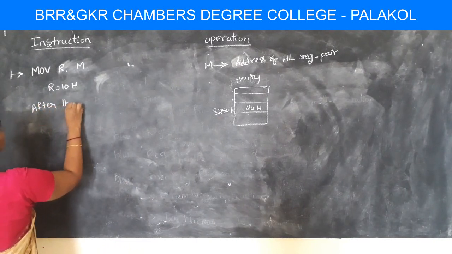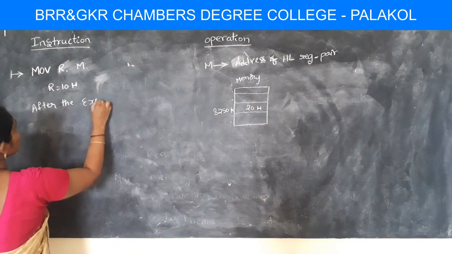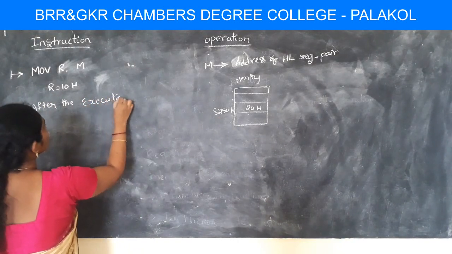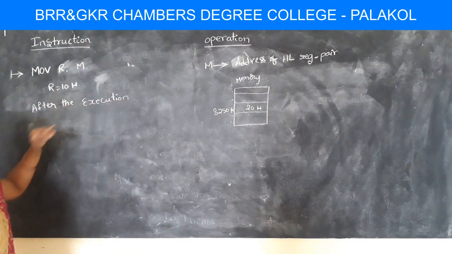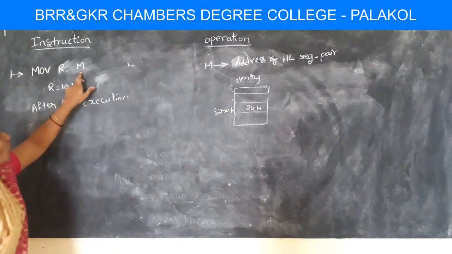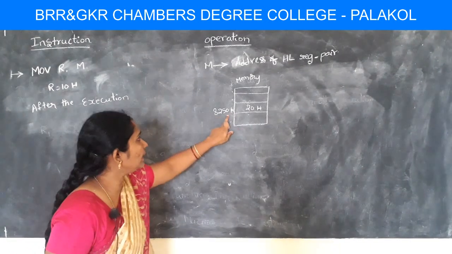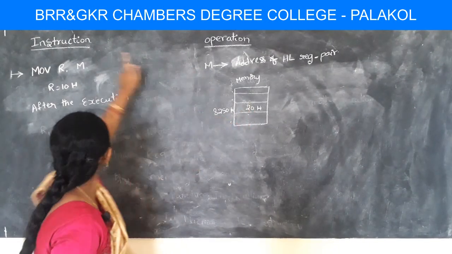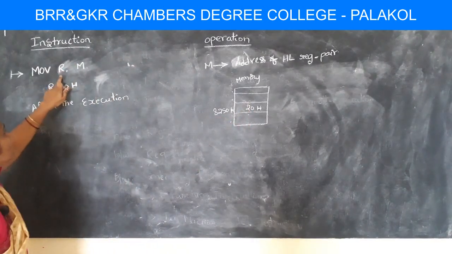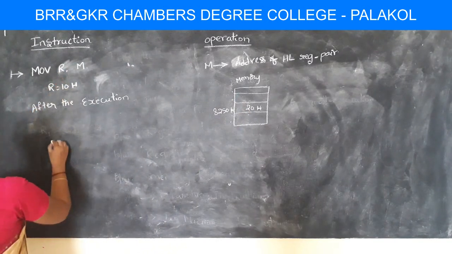Therefore, after the execution of this instruction, what will be happening? What data is present in this address? This data is moved to this R register.